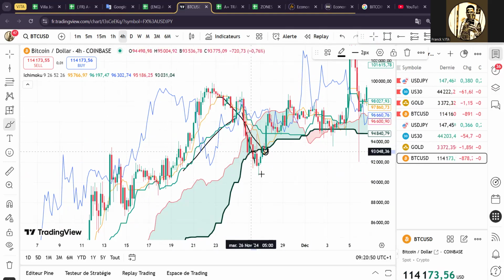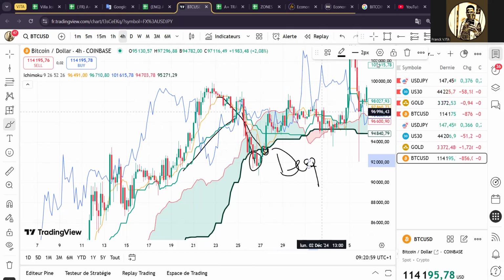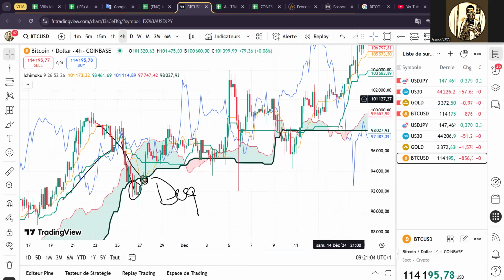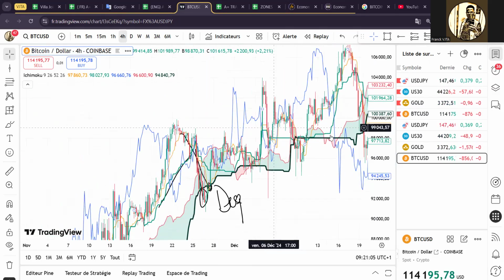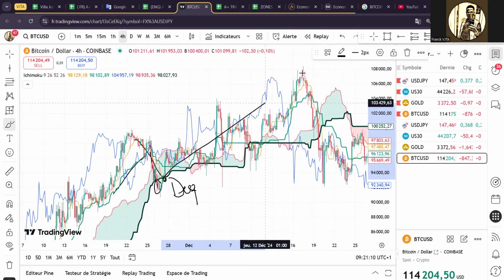The candle also touched SSB, which was not the case in the previous example. So this one is a deeper correction, but it doesn't mean reversal, just deeper because the retracement is higher, and then the price will keep going up.